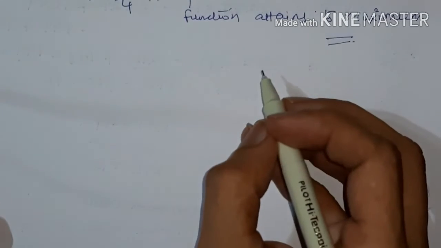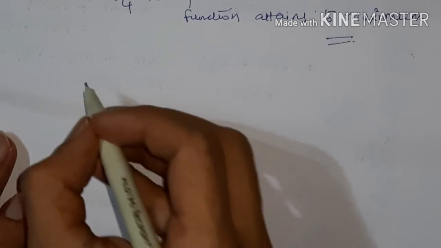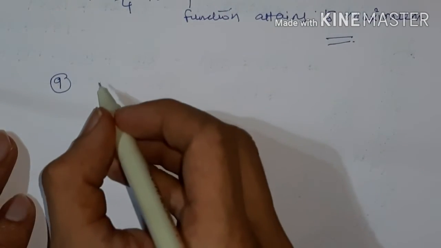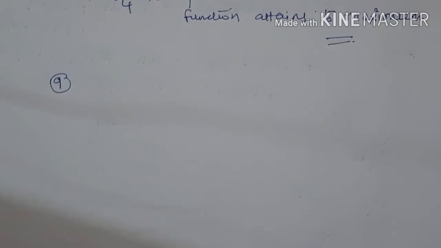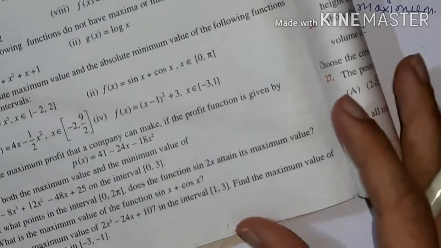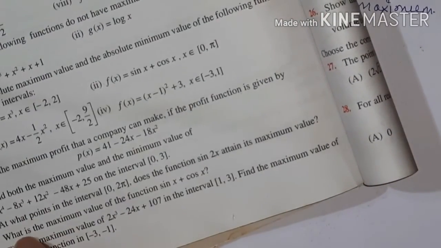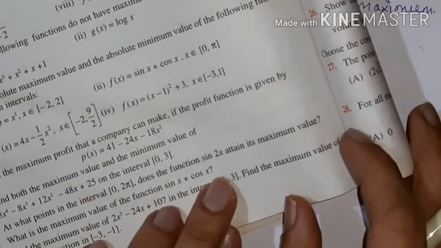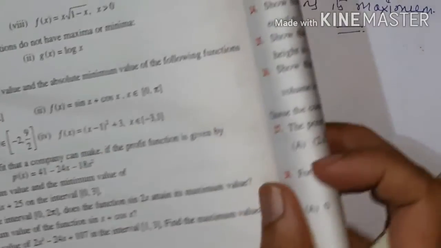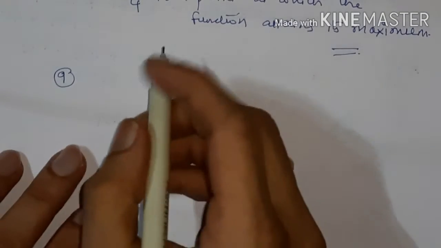So that was the 8th problem. Now let us go to the 9th problem. The 9th problem is this. What is the maximum value of the function sin x plus cos x? So again here what you have to find is the maximum value.